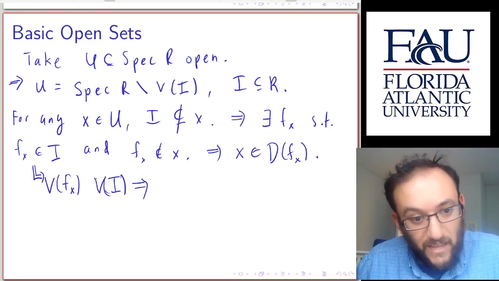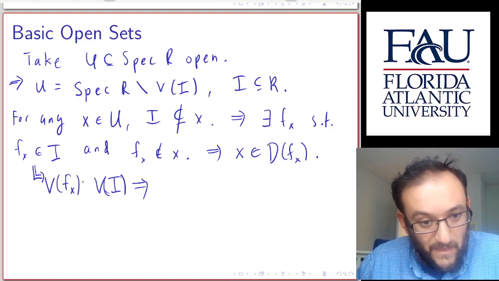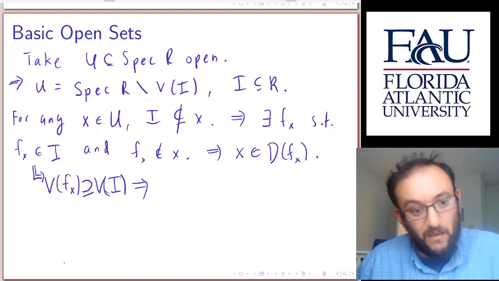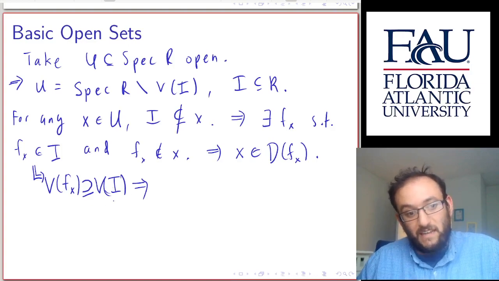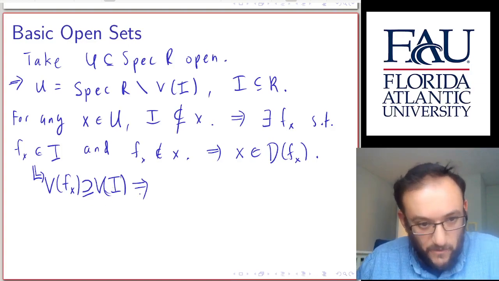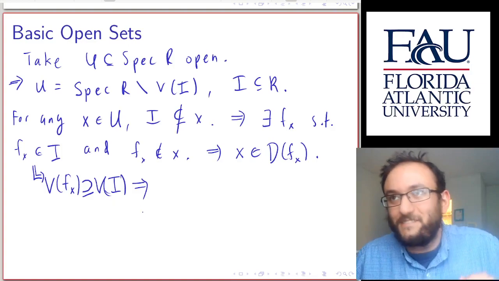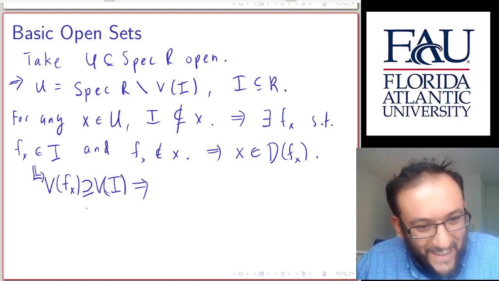So the set of primes containing I is a subset of primes containing f_x. Okay, a little difficult to trace, but I think we got it.